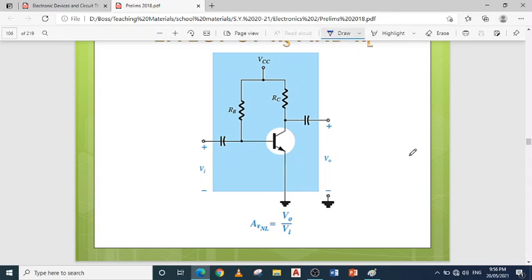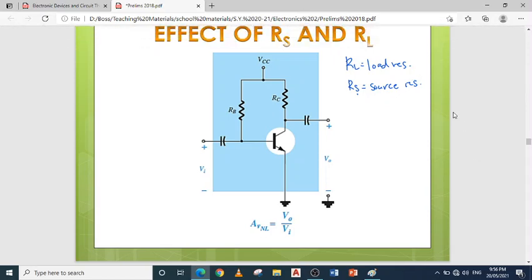So yung RL is the load resistance, and the RS, from the subscript itself, we have the source resistance. Okay?